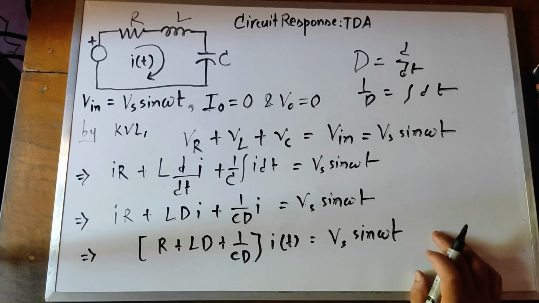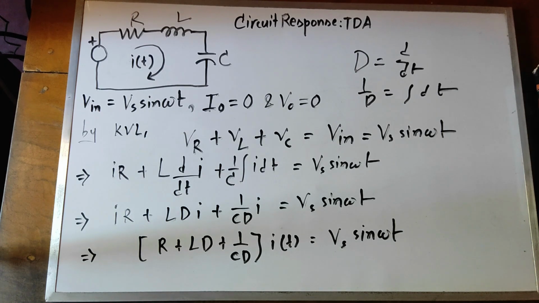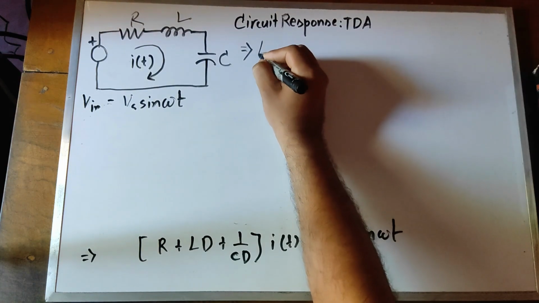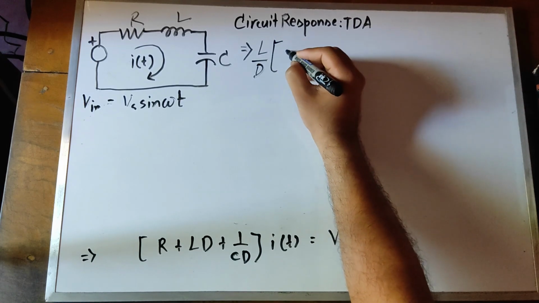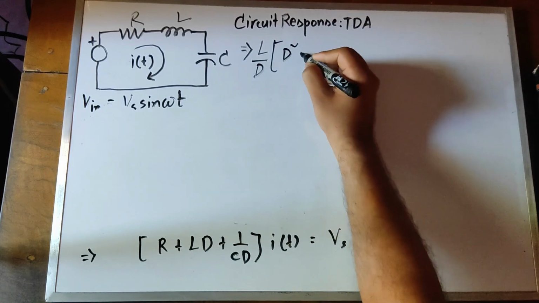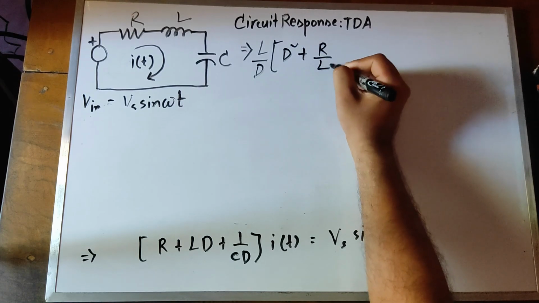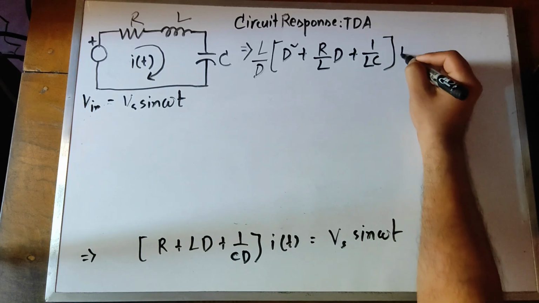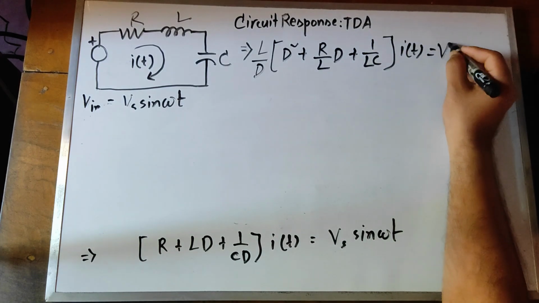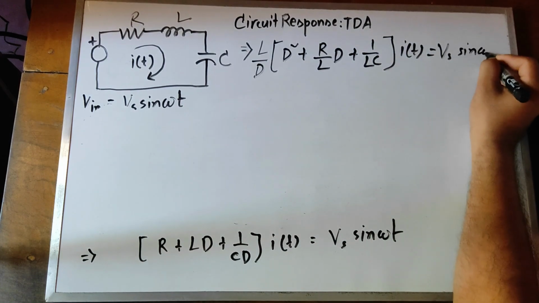So this is the equation. Rearranging this further, if I take L D common, it will be L D times (D squared plus R by L D plus 1 by L C) I(t) equals Vs sin omega t.